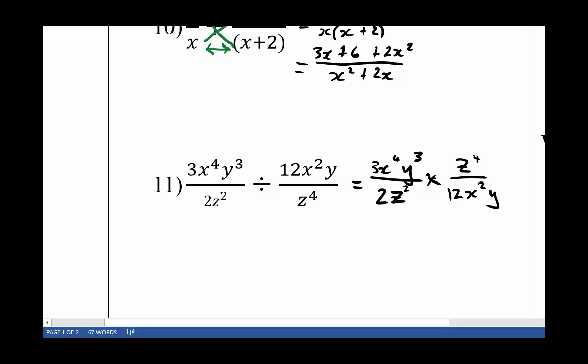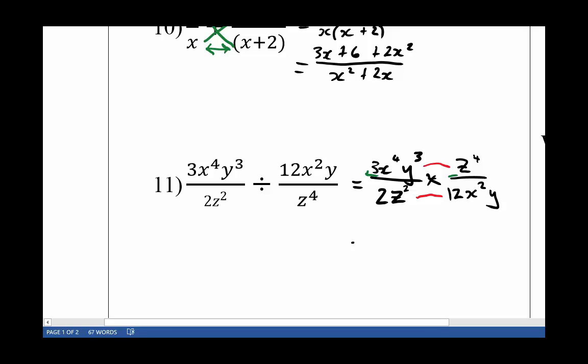Now timesing is easier than adding. There is no cross and drop like you see up here. All you do is you multiply this by this, so you're going to multiply that by that, and you're going to multiply this by this. So let's do the big numbers first. By the big numbers I mean this here, and there is no number in front of it, but if there was we'd do that.